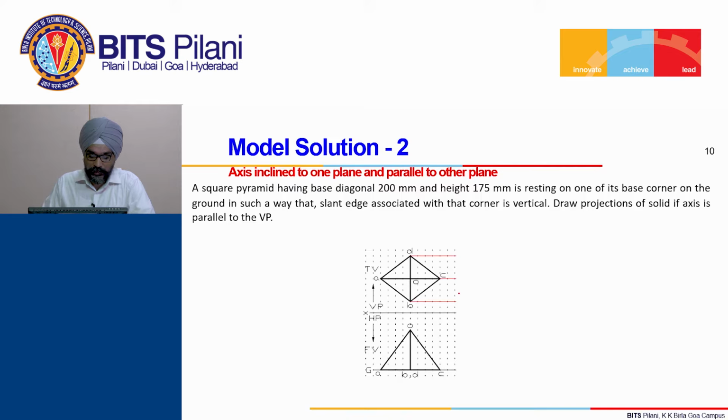I have already explained why I have chosen this initial position. I wanted first the top view, because here the axis is definitely inclined to the ground. So I take it initially as perpendicular to the ground, and accordingly I get the true shape of the base in the top view.